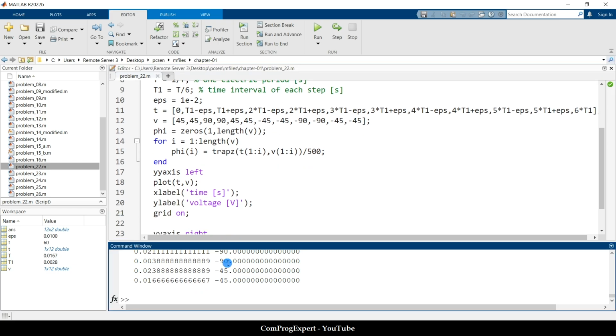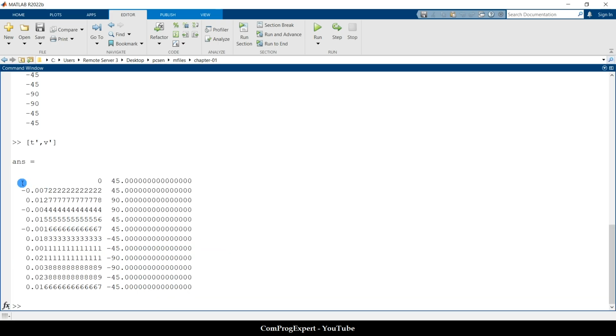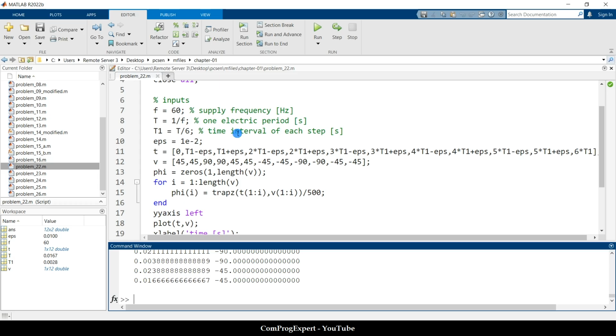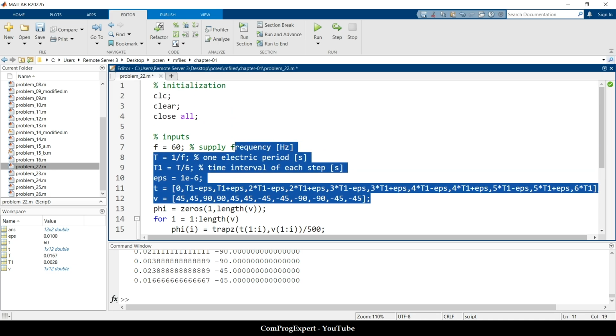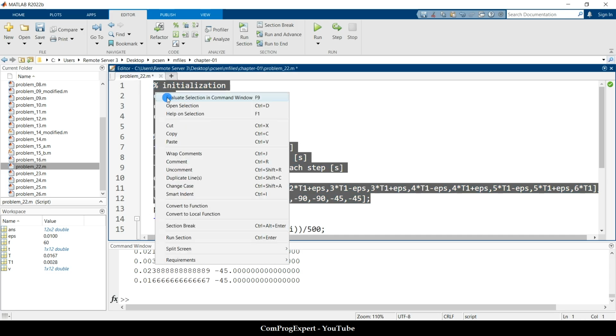This is the value of t. As you can see, this number is negative, positive, negative. What is this negative number? The value of epsilon that I considered is too high. So let me consider 1e minus 6, a very short number.